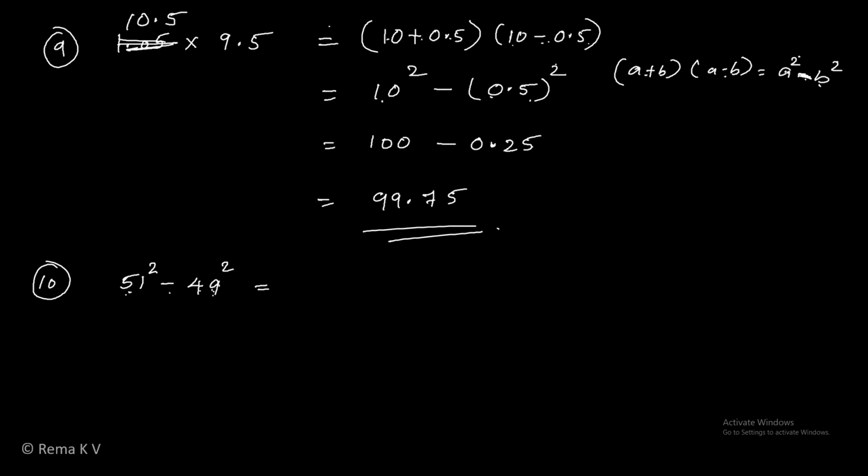So now this is of the form a square minus b square. So it can be written as a plus b into a minus b. So you can write this as 51 plus 49, since a square minus b square is a plus b into a minus b.